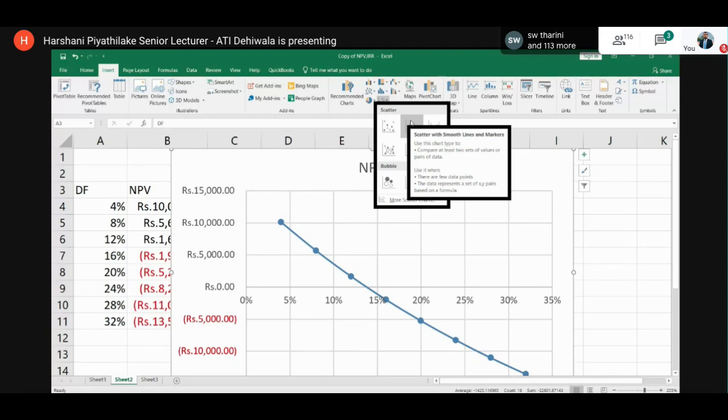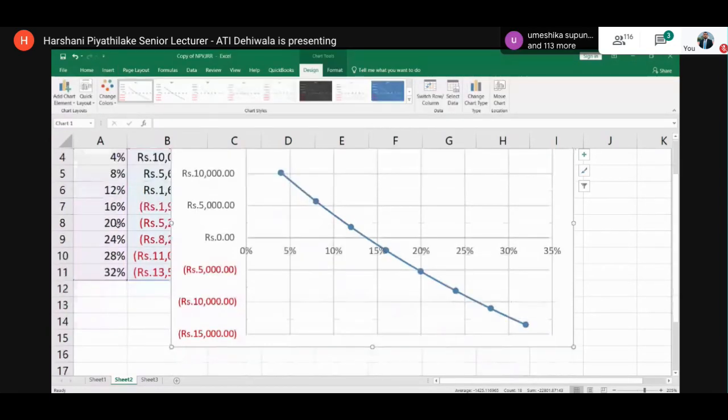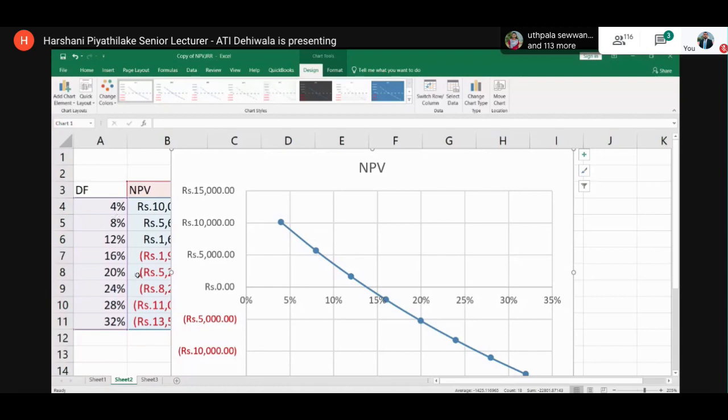Then that is the suitable one to find out the IRR. Or without markers, you can take this second option, scatter with smooth line. Okay. First select this one, right? This is the range you want to select to create this type of graph.